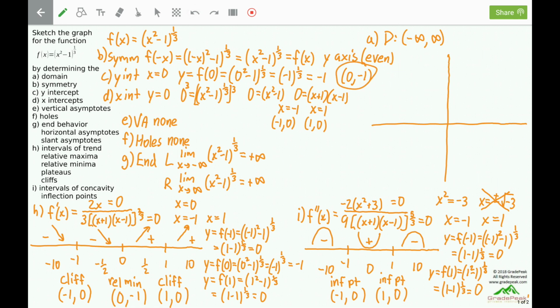We have a y-intercept of 0, -1. That will be down here somewhere. We can label that. We have two x-intercepts, one at -1, 0 and one at +1, 0. This would be the -1, 0 over here, +1, 0 over here.